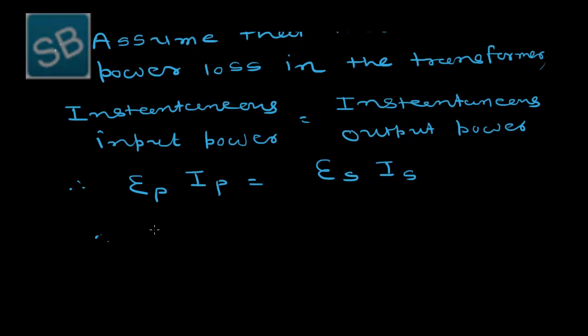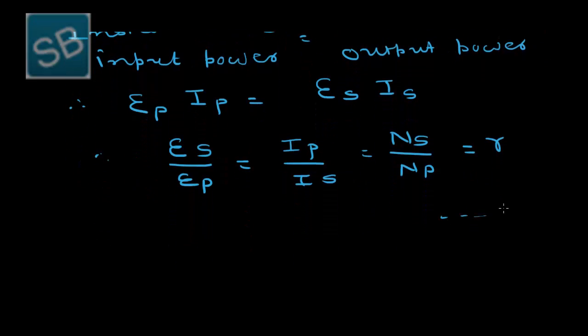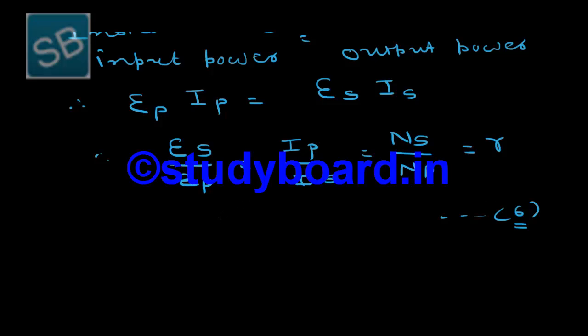And now again I am taking the ratios of the induced EMF. Epsilon S divided by epsilon P is equal to IP over IS, and from equation 5 we have earlier obtained this value as NS over NP, that is also equal to r. And this is also an important result, equation number 6.